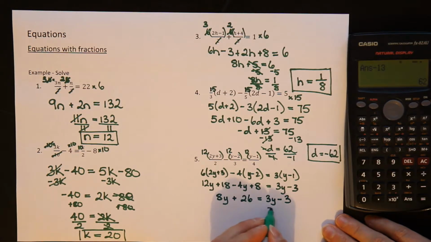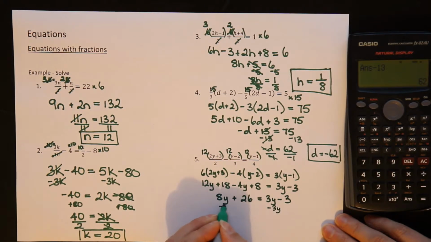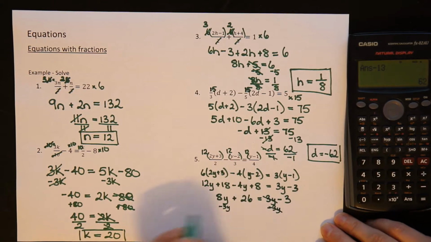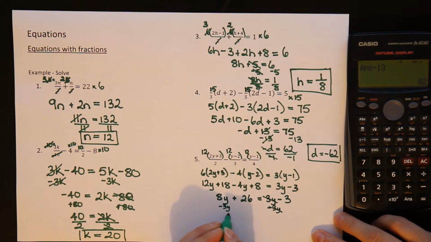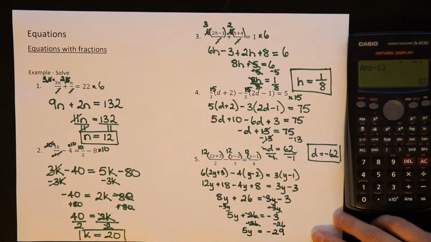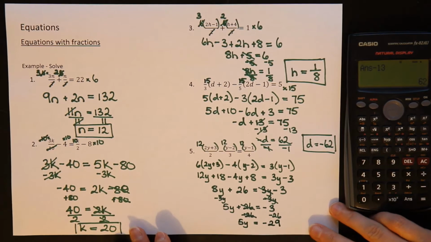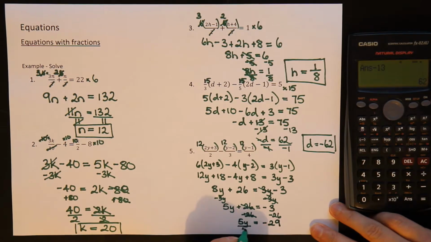So subtract the 3y, this is a smaller term to move, gets rid of that. 8 minus 3y is 5y, plus 26 equals negative 3. Then I can subtract the 26 away. So 5y is equal to minus 3 minus 26 is minus 29. And then I need to divide by 5.